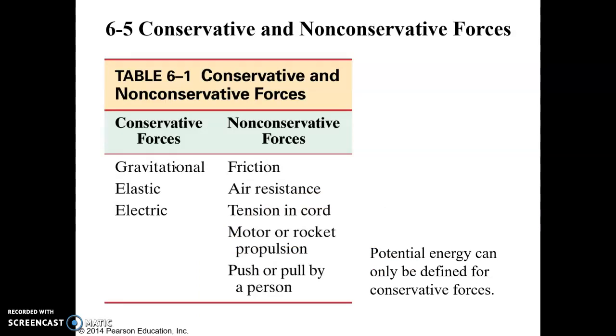So gravity, lifting things up, elastic forces like springs, and electrical forces are conservative. Friction, air resistance, and these other things listed here are examples of non-conservative forces. So with these examples, the path taken does affect the amount of work that needs to be done.